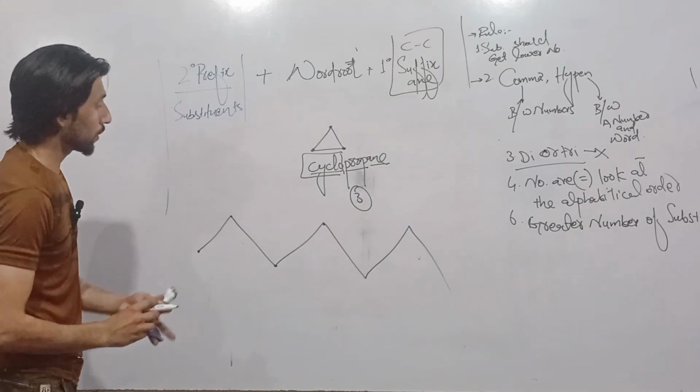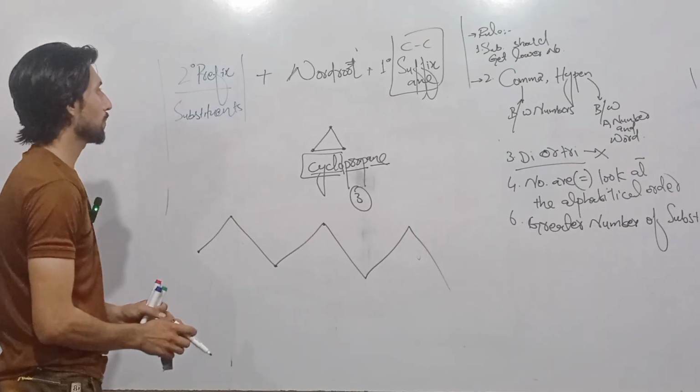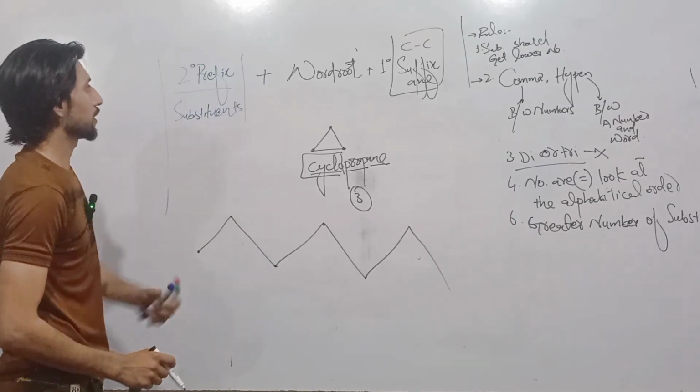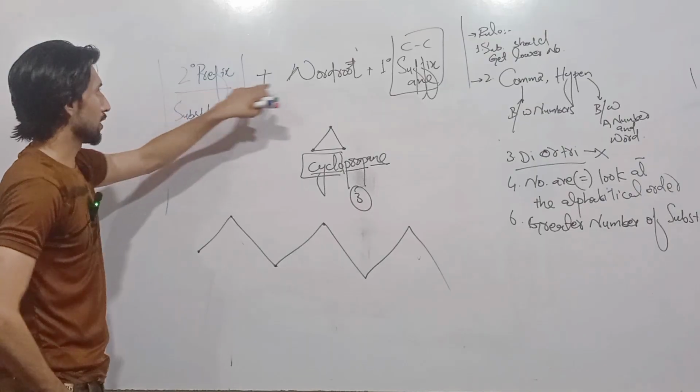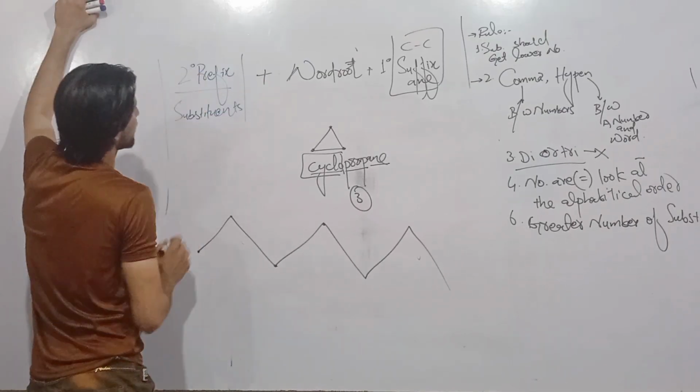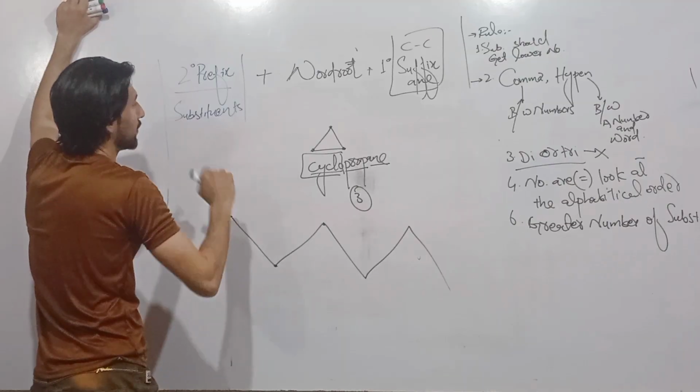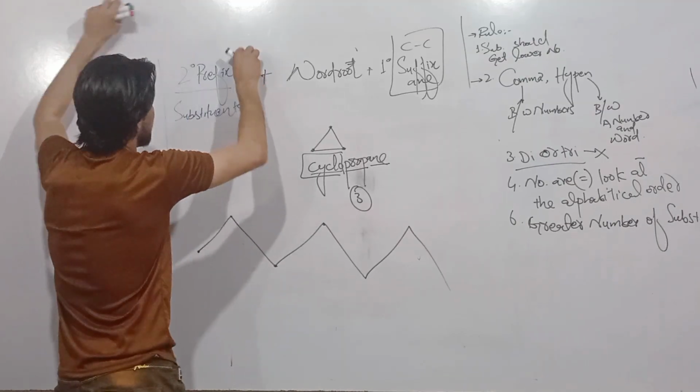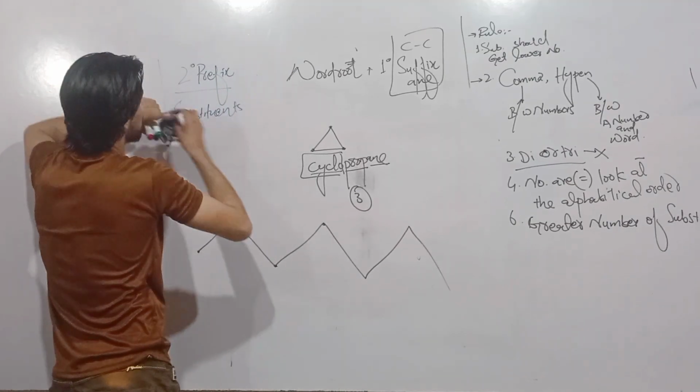Where does the word cyclo come from, and where should we mention it in our skeleton? I have mentioned the secondary prefix, but I have not mentioned the primary prefix. So this becomes our primary prefix.